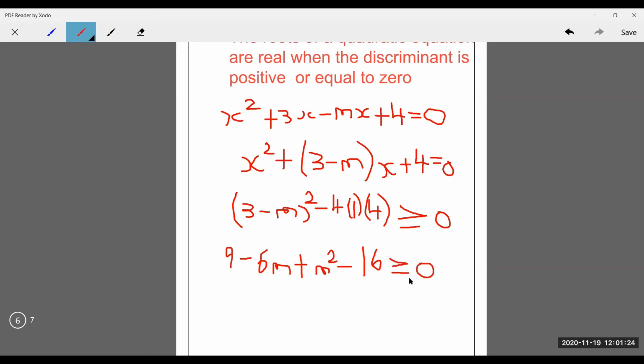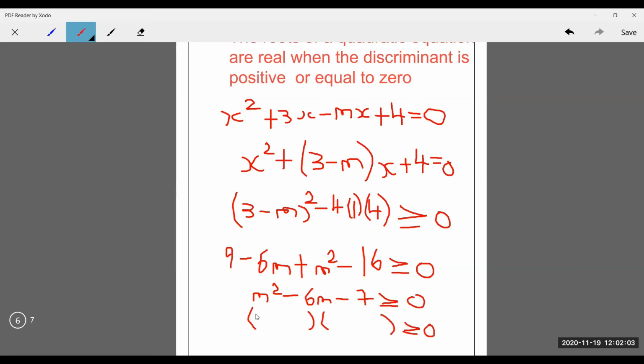Now we get m squared minus 6m, and then 9 minus 16 is negative 7. So we have m squared minus 6m minus 7 greater than or equal to 0. So all you have to do now is factorize this right here.